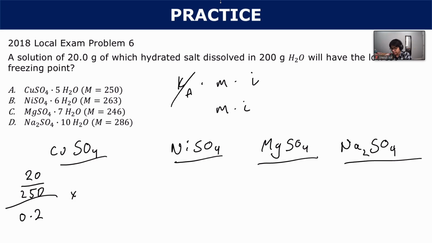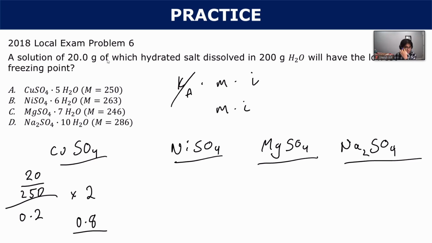And that's going to be times the i value of copper sulfate. So copper sulfate is an electrolyte, and so its i value is going to equal 2 because it's going to break up into copper and then sulfate. And so the math here is going to come out to be 0.8. So the m times i of copper sulfate is going to equal 0.8.